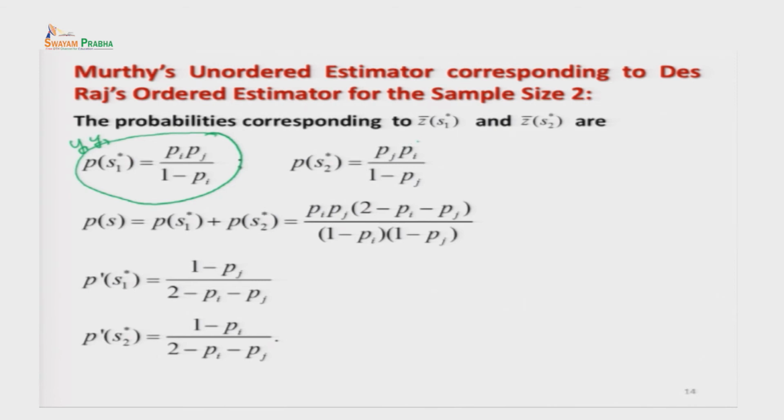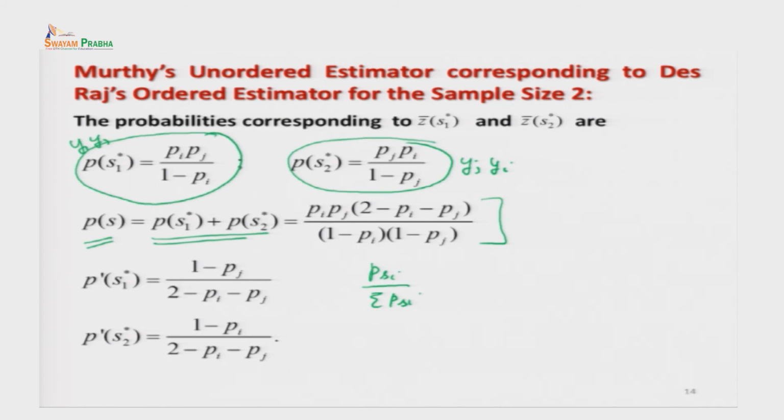This gives the probability of selection of the second sample, which is yj, yi. Now this PS was defined as the sum of these two probabilities, so I am summing them, and this is my expression.